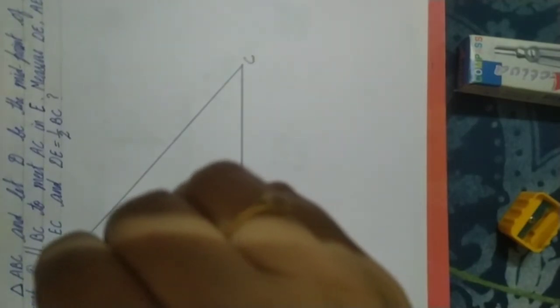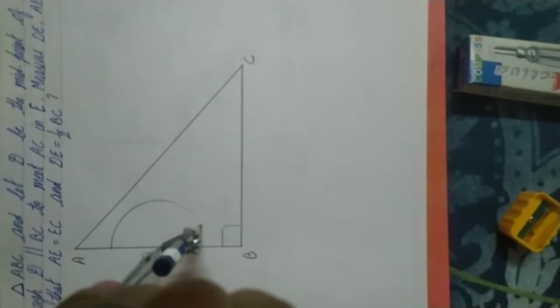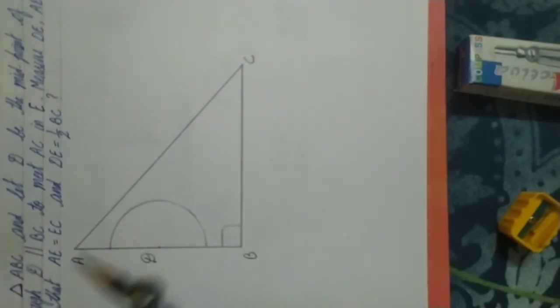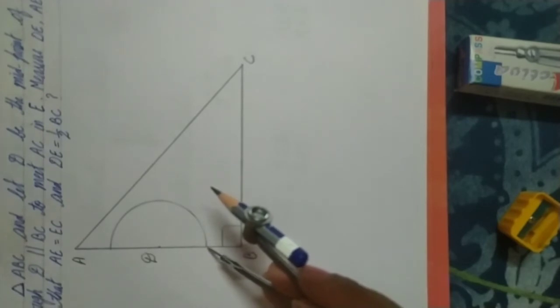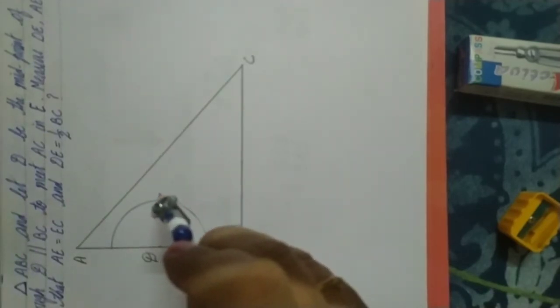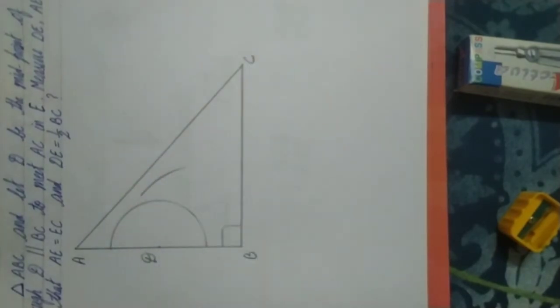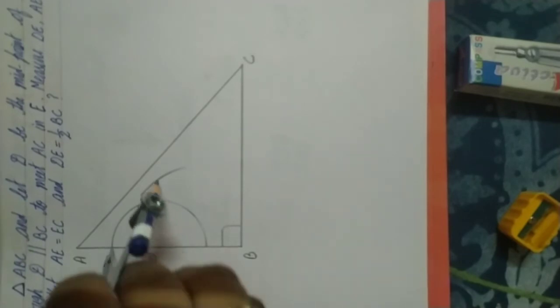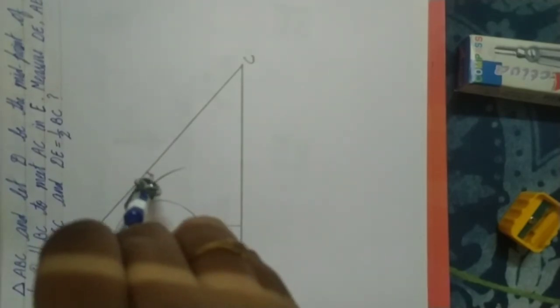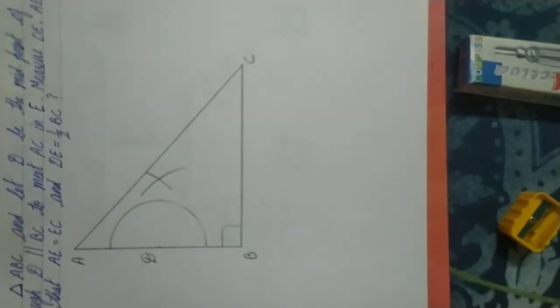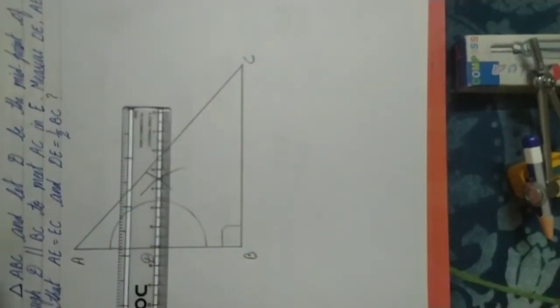Taking point D as center, draw a semicircle over here, then open your compass more than half of the semicircle and mark arcs outside the semicircle like this. Another arc is to be drawn which will intersect the previous one. So this is the point of intersection of these two arcs.